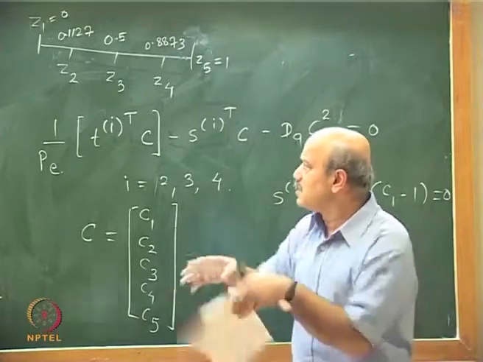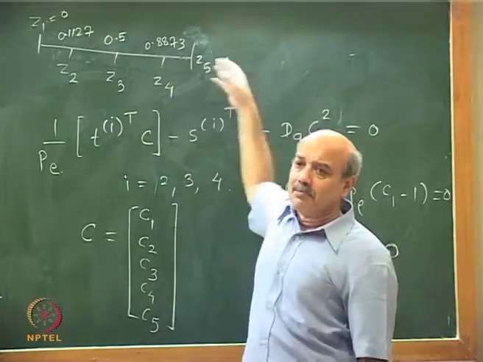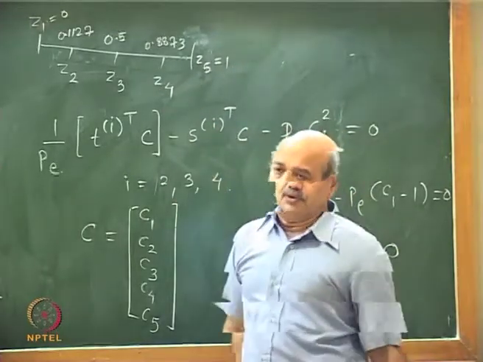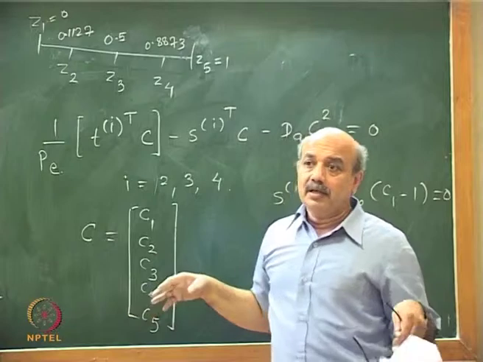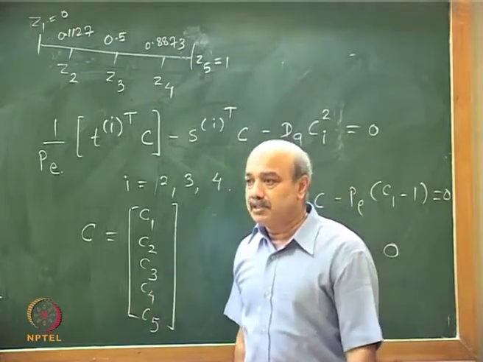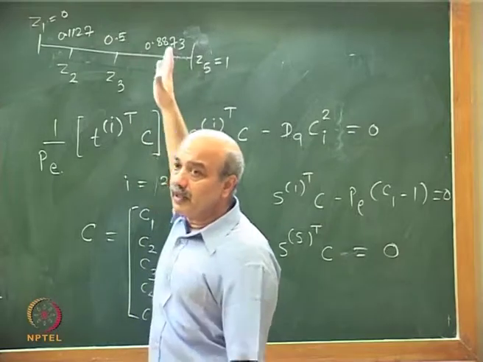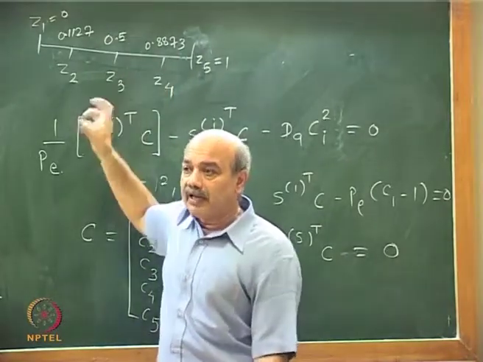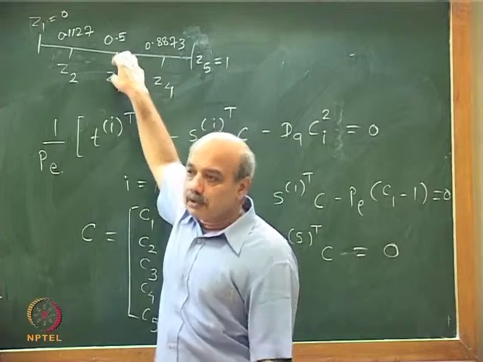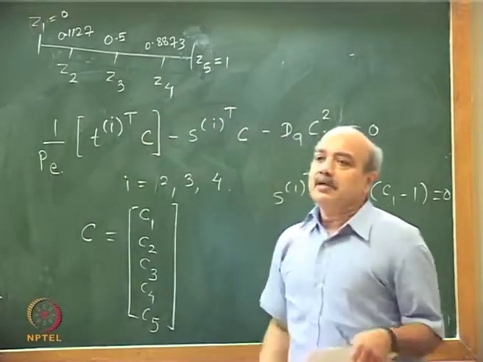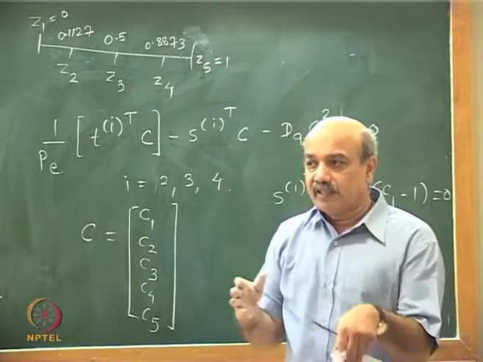Well, you can increase the number of collocation points to 7, 8, 9, but you know how many you can go. If you want to make a higher dimensional approximation, one could divide this into segments, and on each segment define a lower order collocation polynomial. That is called orthogonal collocation on finite elements.